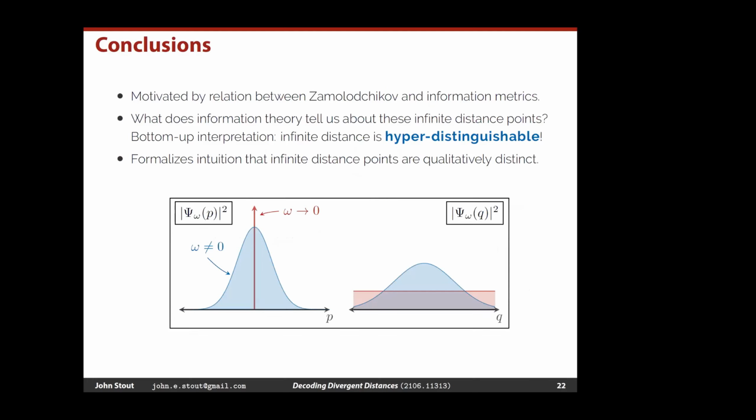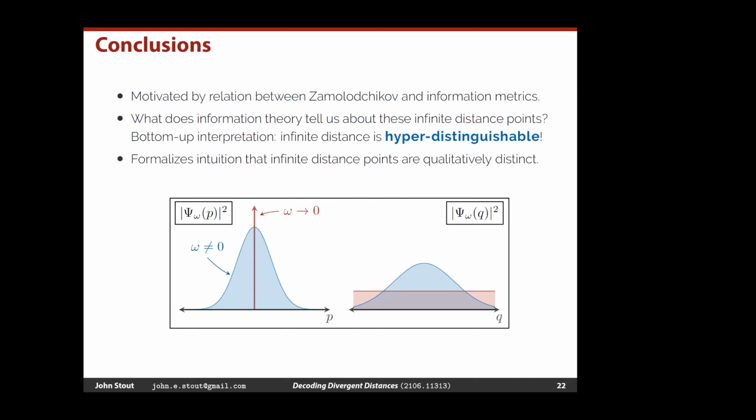Okay, so to make Irena happy, let me conclude. Motivated by this observation that the information metric is related to the logic metric and the metric on marginalized space, can we use this interpretation of those two metrics as a way of better understanding infinite distance limits from a bottom-up perspective, without reference to some microscopic description?